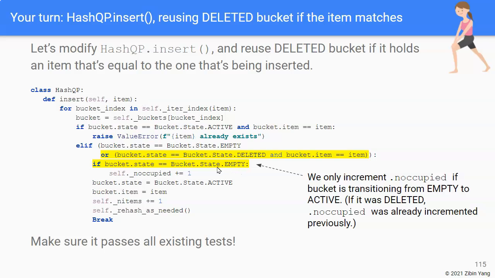Another slightly trickier modification is that we increment the number of occupied buckets only if we are transitioning from an empty bucket to an active bucket. If the bucket was deleted, the count for the number of occupied buckets has already been previously incremented, so we didn't have to do that again.